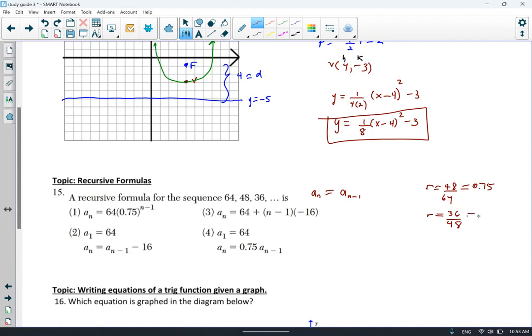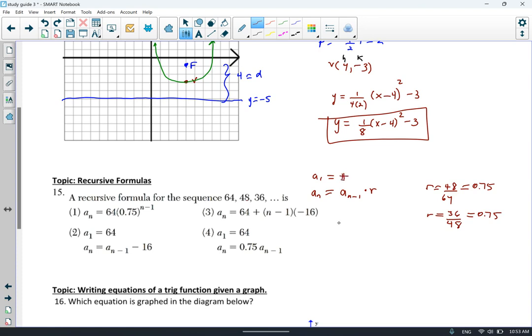And it is. So therefore, this is a geometric sequence with a common ratio r. So the recursive formula would be a sub n minus 1 times r. You always have to have at least one term stated.